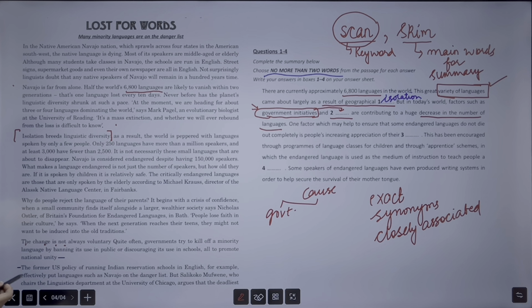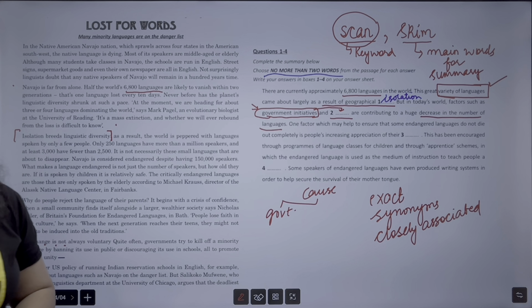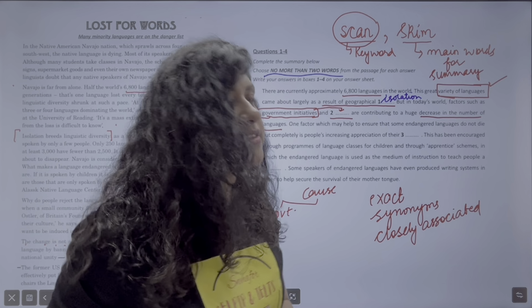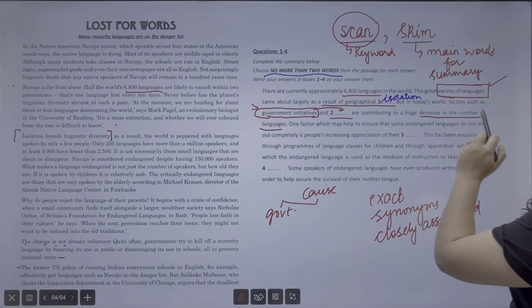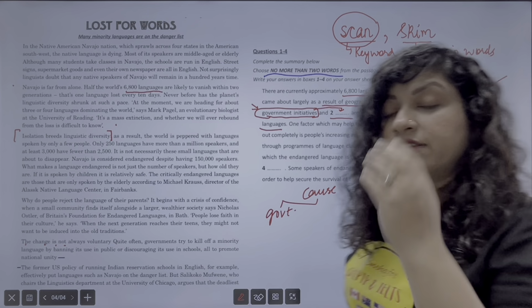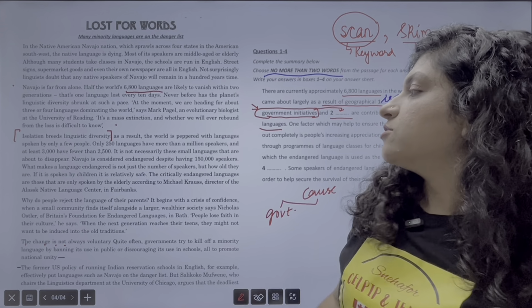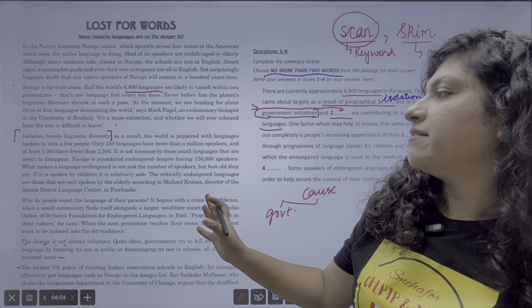And the former US policy of running Indian reservation schools in English, for example, effectively put languages such as Navajo on the danger list. So are we talking about government, and government taking some steps which basically kill the number of languages? Yes, for sure. So this is how you scan, right?